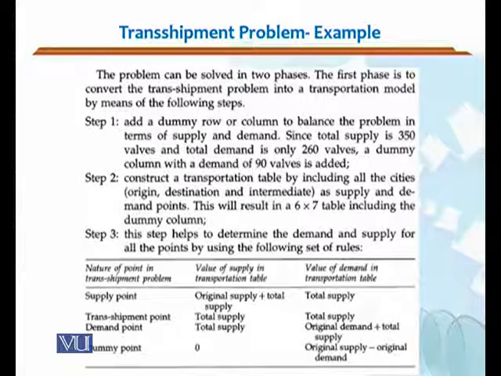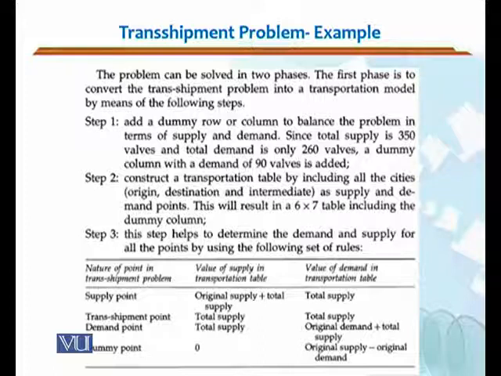Second, we need to construct a transportation table by including all the cities, these are origins, destinations, and intermediate points, as supply and demand points. This will result in a 6 by 7 table, including the dummy column. So a table with 6 rows and 7 columns would be with us.